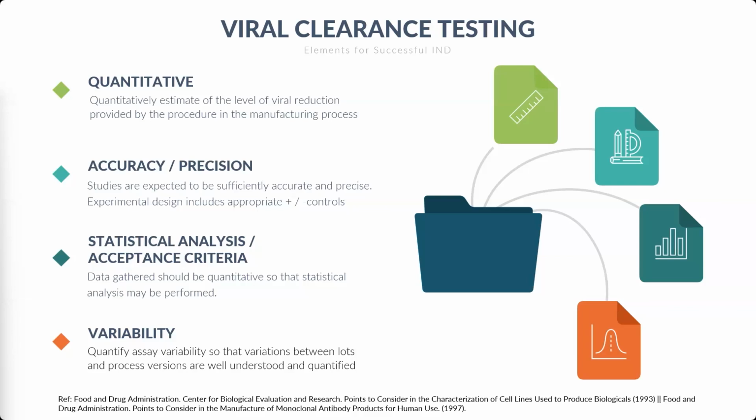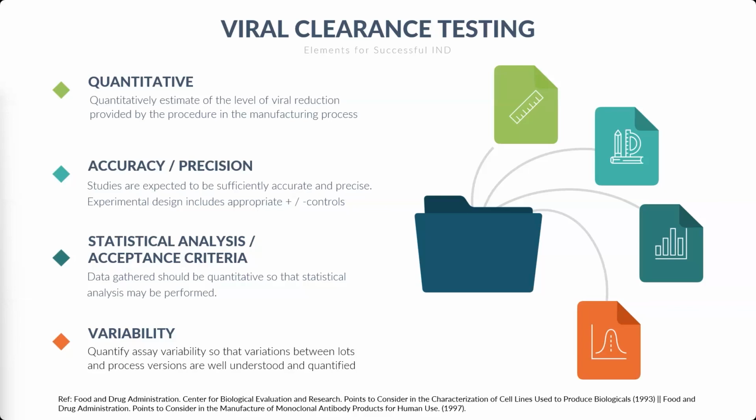Again, acceptance criteria for the test that you develop is critical, and being able to understand the statistical probability of contamination. So not only how much of it is there, but what is the chance and how significant of a risk is present at a given point.